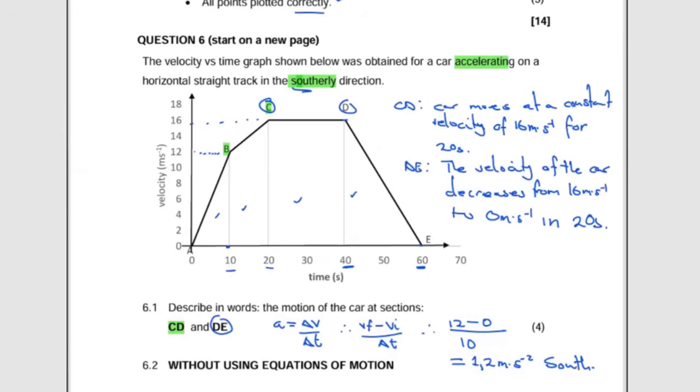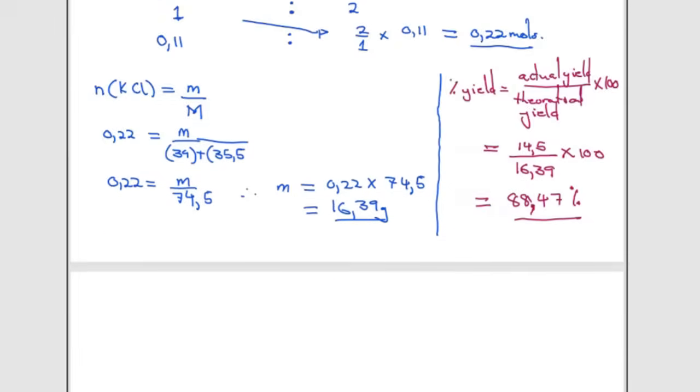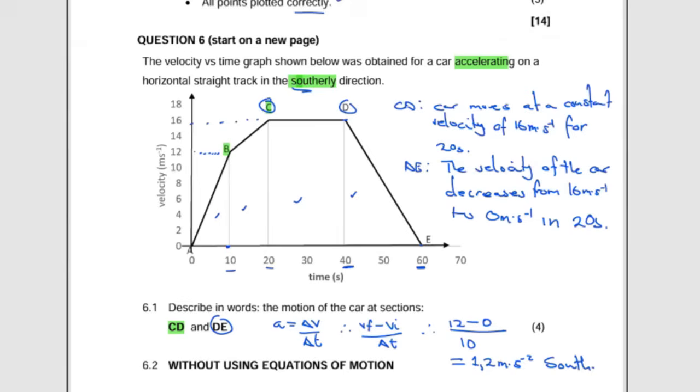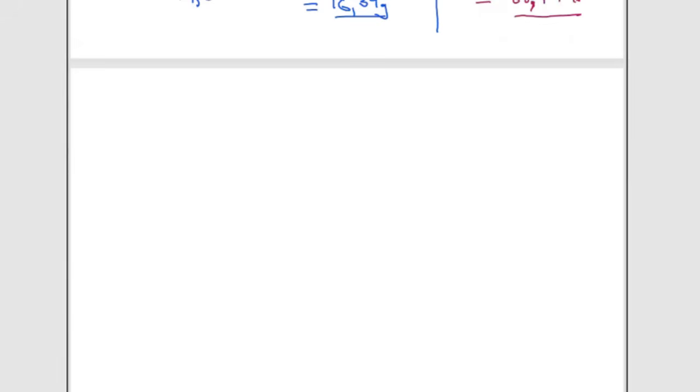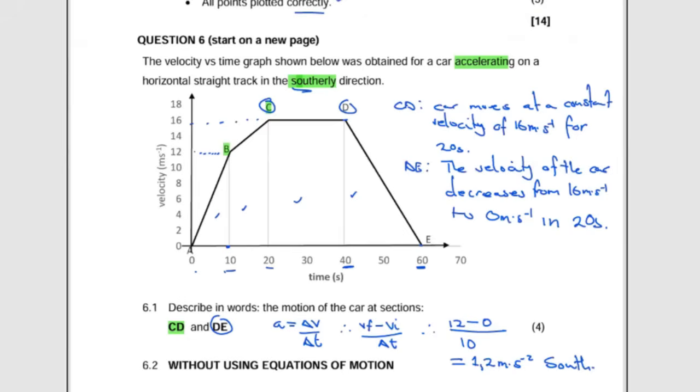Okay. So to make it easy, let me just use this other space here. I'm going to start from 0 to 10 seconds. Then the next one is from B to C, so from B to C there is 10 to 20.